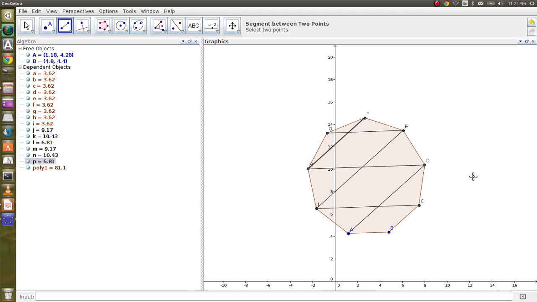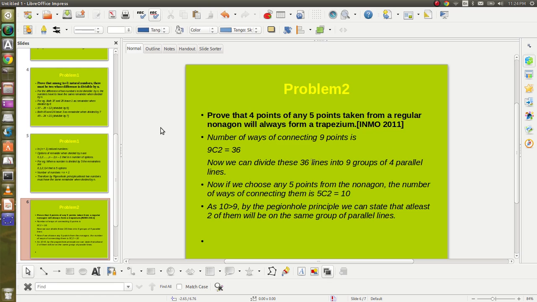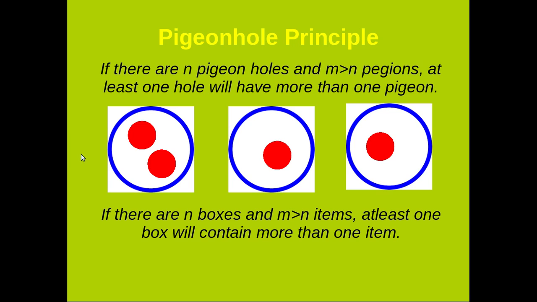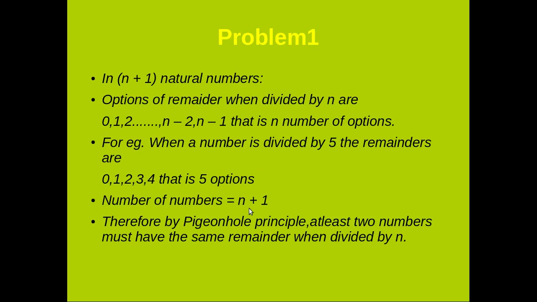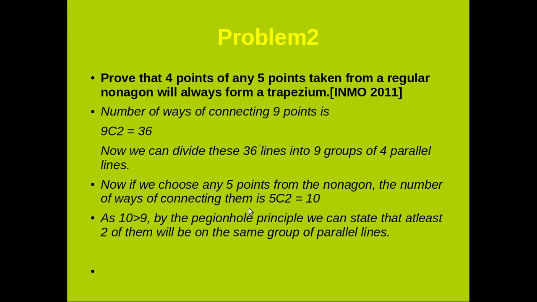Now we have to prove that if we take any 5 points of this nonagon, at least 2 lines created by these 5 points will be from the same group. Now suppose we choose 5 points.